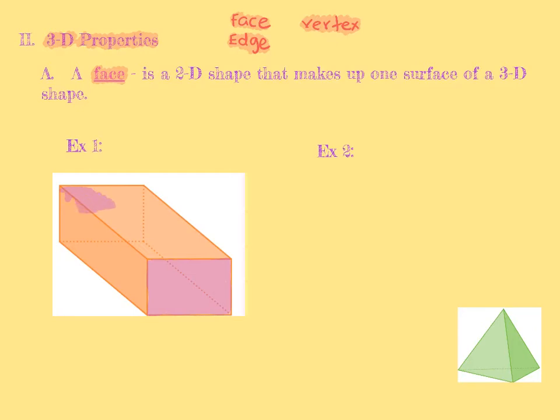This is another rectangle that makes up another face in this rectangular prism. So as I'm coloring in, can you go ahead and guess how many faces this rectangular prism has? When I get to the end, you should give me an answer, or give yourself an answer.